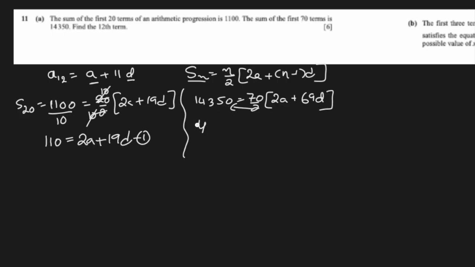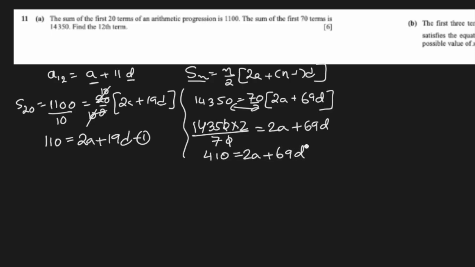So 14350 times 2 divided by 70 equal to 2A plus 69D. 0 and 0 cancel, and 1435 times 2 divided by 7 will be 410. 2A plus 69D.